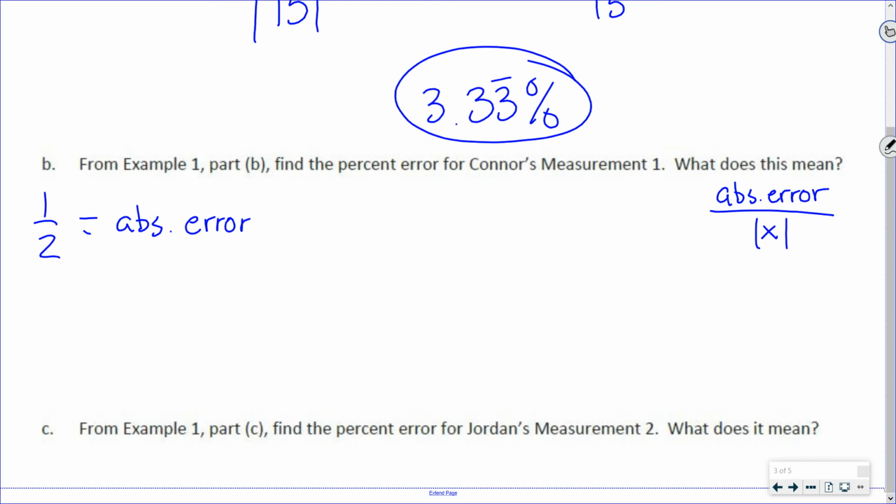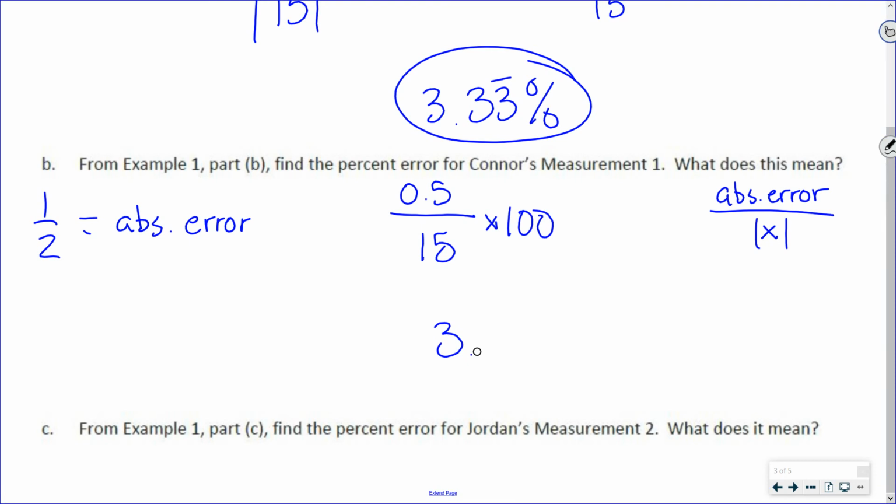So instead of doing all that top work, we've already found all that work from the previous problem. So now we can go ahead and do our formula a little quicker. So we got a 1/2 inch, which was 0.5, divided by 15, multiplying it by 100. Well, that's the exact same thing as the previous part A, so we get the exact same answer.